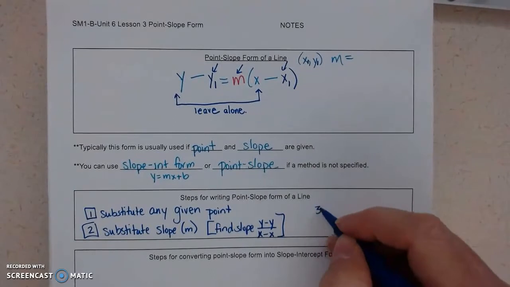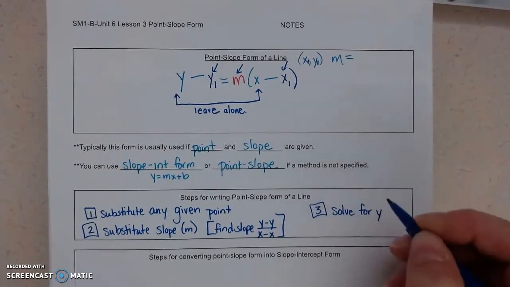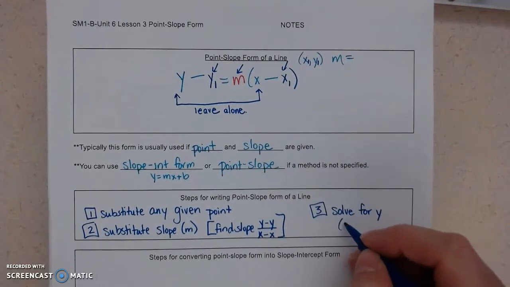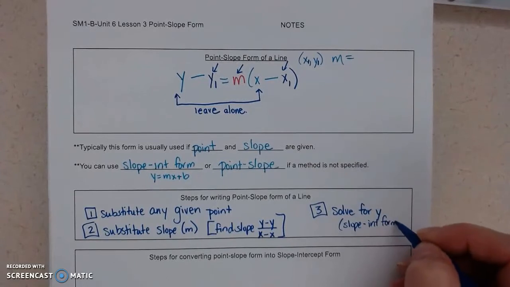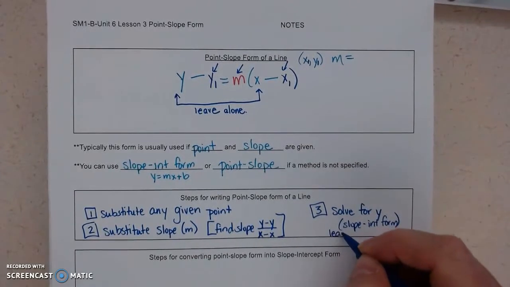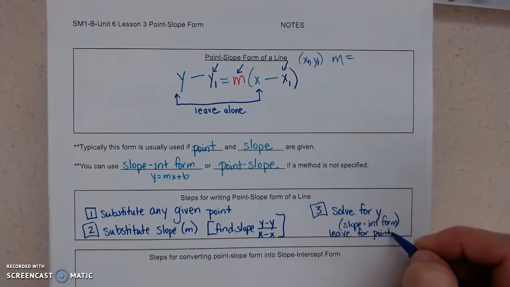Your last step is you're always going to solve for y if they want slope-intercept form. If they don't, then you're going to leave it. It really depends on the directions.